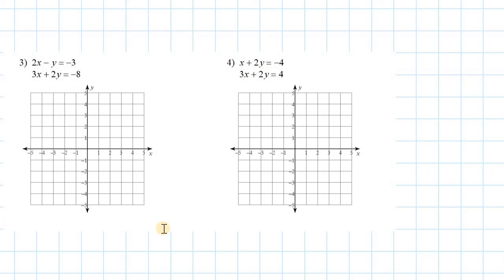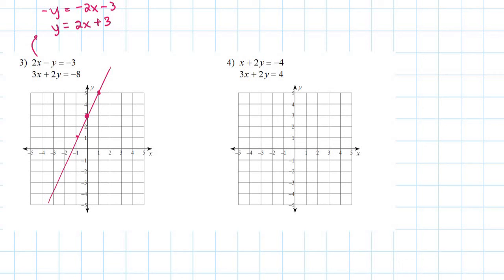So if I take this equation and change it to slope-intercept form, I'm going to move the 2x, and now I can't graph negative y, so I'm going to multiply everything by negative 1, change all the signs, and now I can go up 3, and my slope is positive 2, so up 2 over 1. I'm going to reverse it in order to get a better grip on what the line looks like. So let me go ahead and draw that line.